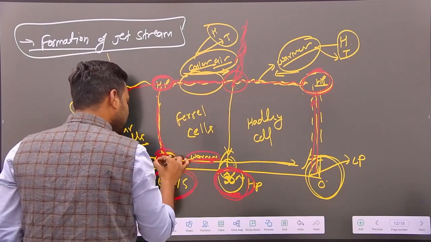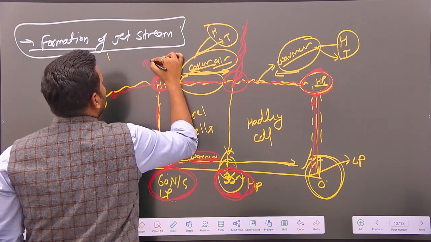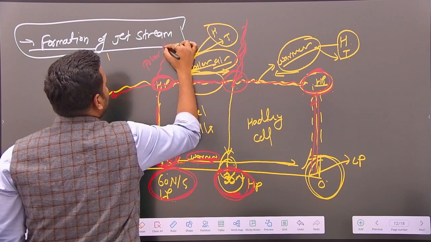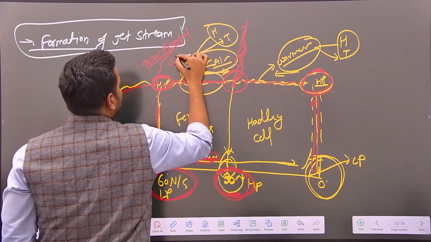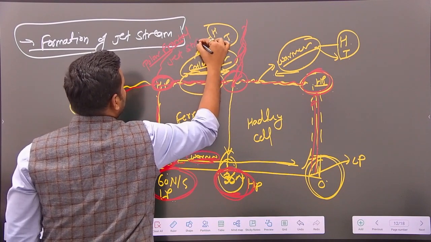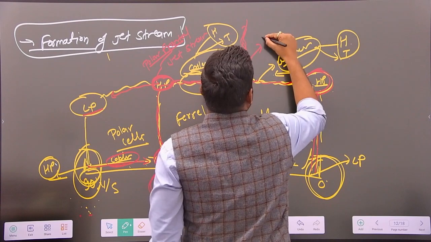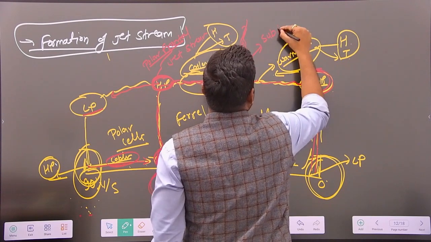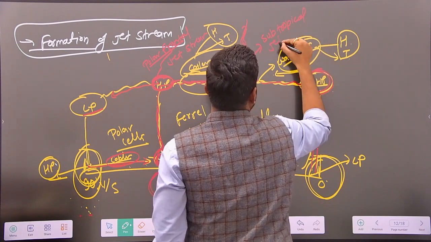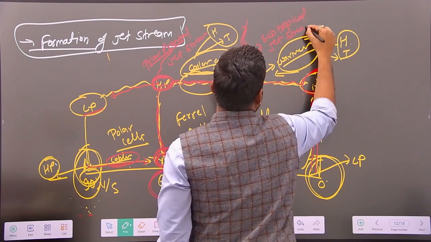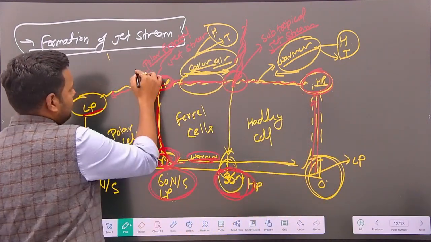Due to the convergence of this air, here is a development of the polar frontal jet stream, and here is the subtropical jet stream. There are two types of jet stream.